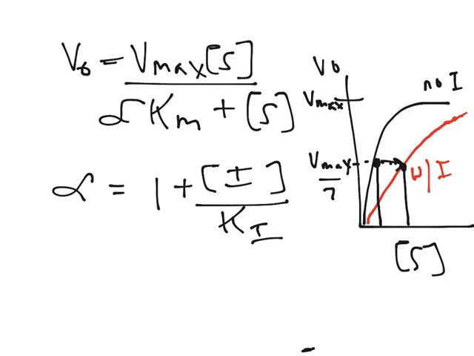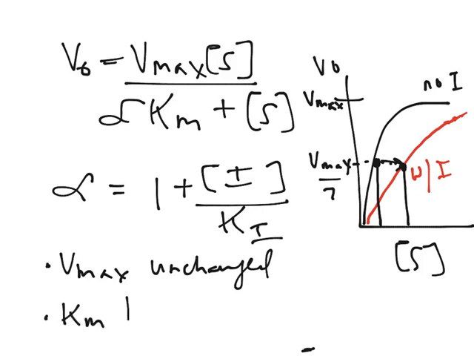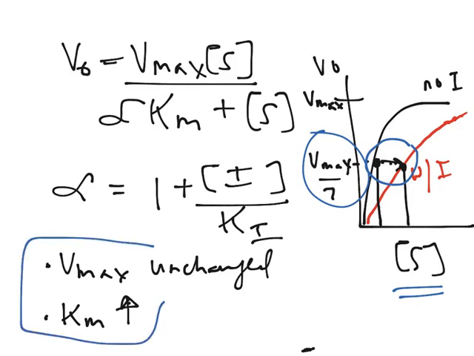So in the presence of a competitive inhibitor, Vmax is unchanged, because eventually you can get to Vmax if you add enough substrate. However, the Km for that enzyme is increased, and we can see that on the graph. It now takes more substrate to get to half the maximum velocity in the presence of inhibitor. So we now see how these two parameters change in the presence of a competitive inhibitor.